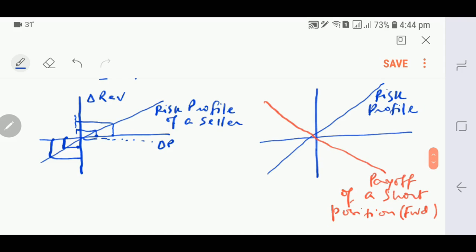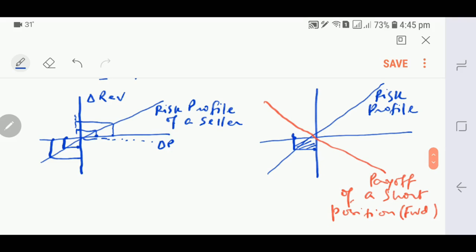So now what is happening is that if the price falls to, let us say, this level, you will lose on cereal boxes and the revenue would fall to this level. But this loss here would be made up from the fact that you already have a short position in the forward contract, and that will increase in value to this level.